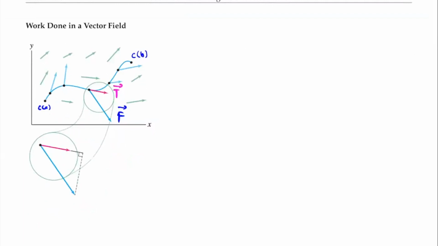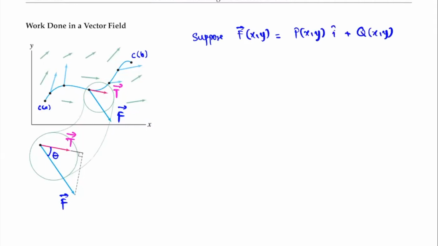So this one is the unit tangent vector, and this one is the force. And this is the angle between the two vectors, I call that theta. Now suppose you have F of x, y equal to P of x, y i plus Q of x, y j.